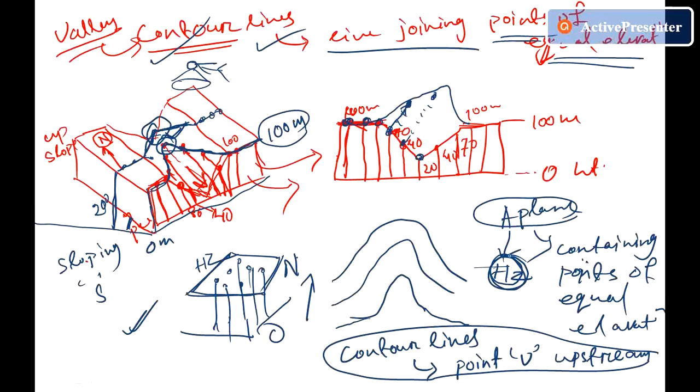Similarly, as you take the horizontal plane, as I have told, a horizontal plane is nothing but a plane which is containing points of equal elevation, that means it will also follow the same kind of pattern as contour.